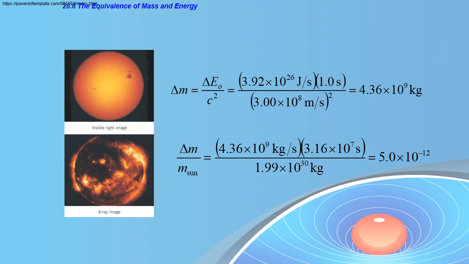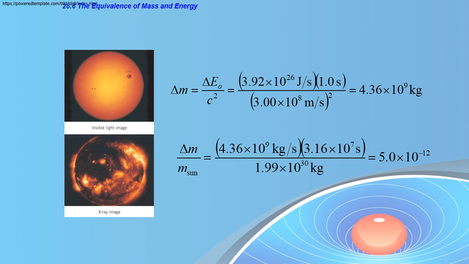Now 4.36 times 10 to the 9th kilograms is per second. So let's make that times 75 years, which is 3.16 times 10 to the 7th seconds. And let's put that over the mass of the entire sun, 1.99 times 10 to the 30th kilograms.